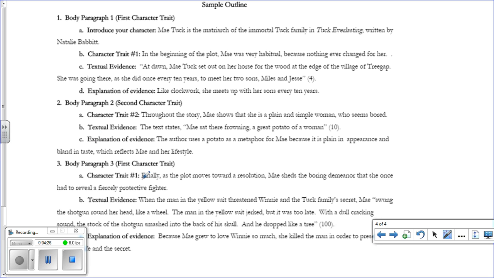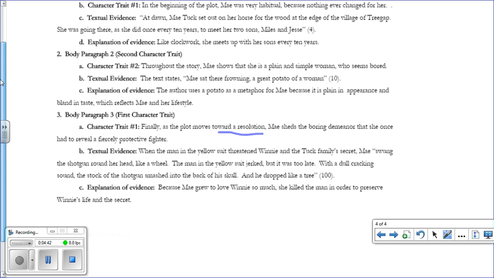My third character trait, I say finally, to indicate that I am talking about as we move towards the resolution. May sheds the boring demeanor that she once had to reveal a fiercely protective fighter. Then I prove it. Notice that with this one, I actually summarize much of the plot, so that I don't have to incorporate too much of the text. You can only incorporate 3 lines at a time.